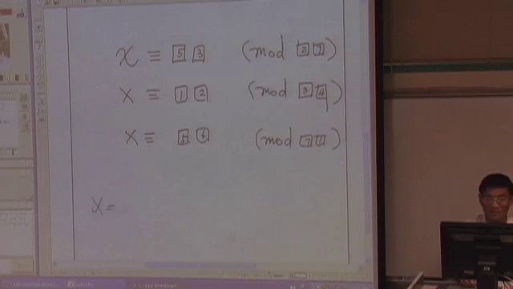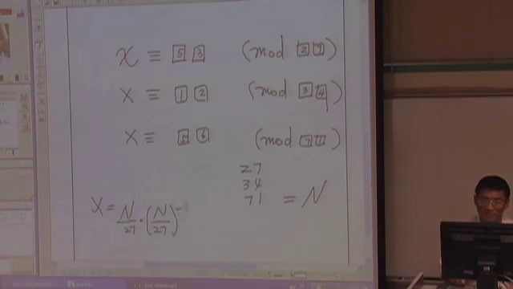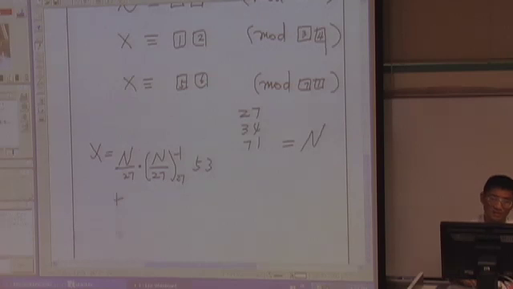X equals the product of these numbers, 27, 34, 71, all multiplied together is called n, right? Then n over the first modulus, 27, and then multiply by the inverse of this number mod 27, and then 53. So you need to multiply these type of 3 numbers, that's it, right?